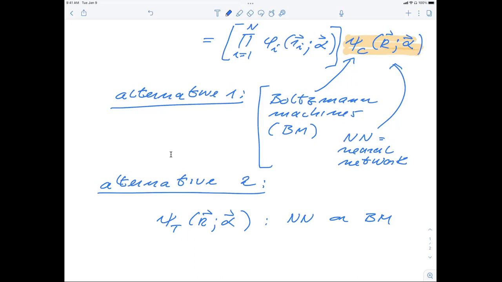Any questions with this kind of overarching philosophy? So just keep in mind that when we are doing a Monte Carlo calculation, we are going to do a standard Monte Carlo calculation, but the trial wave function is now given by a so-called Boltzmann machine.